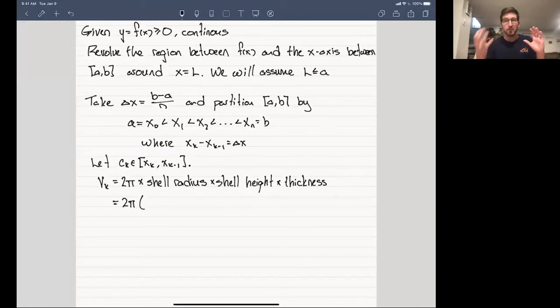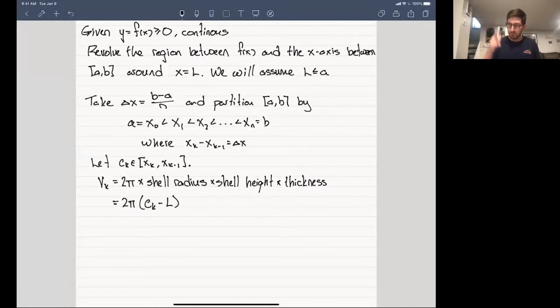We can sort of fudge some of the details here. But we're going to think of the average shell radius, and this is going to be given by the distance from ck, which is above A, to the line of revolution, which is x equal to L. So that will be ck minus L.